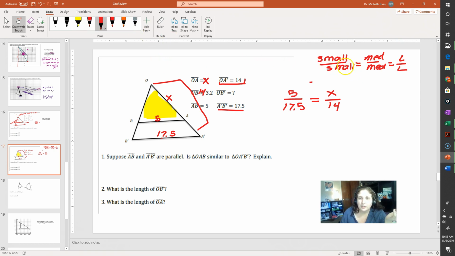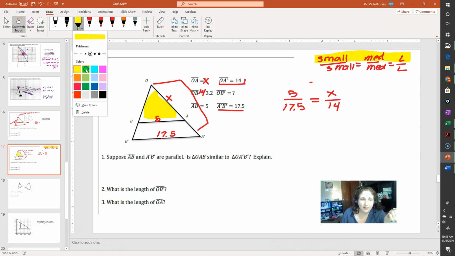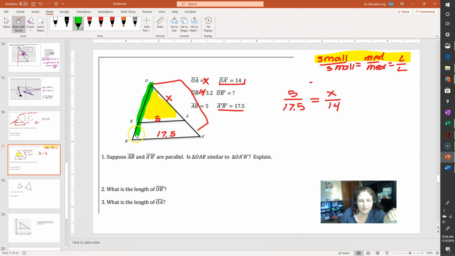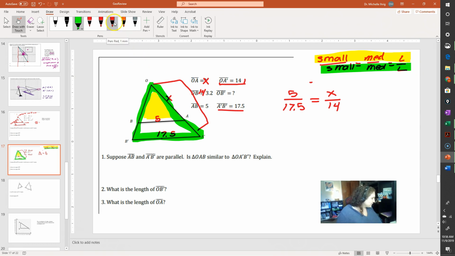As long as you're consistent, in this case, our small values would always go to the yellow triangle, and our denominators would always map to the green triangle, however you want to do it. Then we just cross multiply.